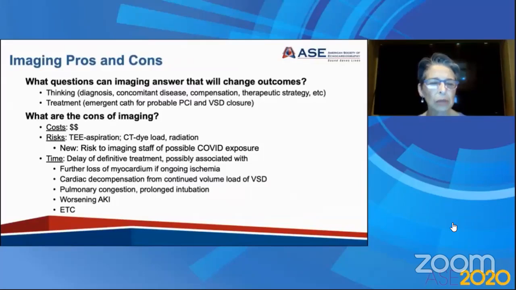But I think the most important con of additional imaging in this patient is delay of definitive treatment, possibly associated with further loss of myocardium, cardiac decompensation from continued volume load and pulmonary hypertension with congestion, worsening acute kidney injury, and so on. Basically, he could go down a downward clinical spiral. Next slide.